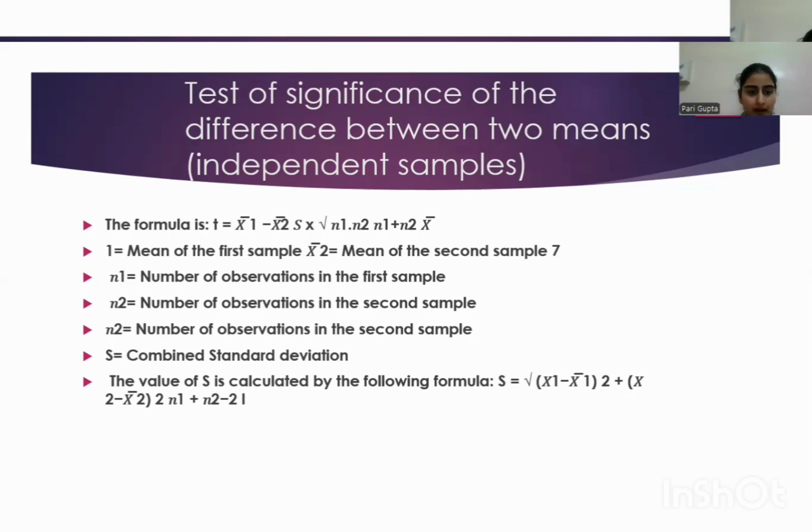S equals the combined standard deviation. The value of S is calculated by the following formula: S equals the square root of summation of X1 minus X bar 1 squared plus summation of X2 minus X bar 2 squared, divided by n1 plus n2 minus 2.